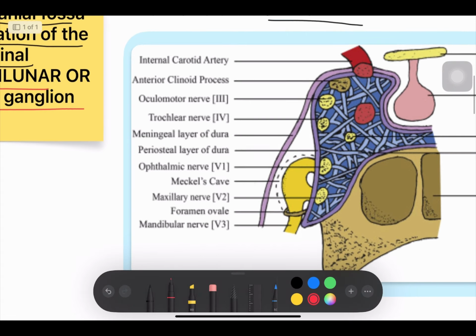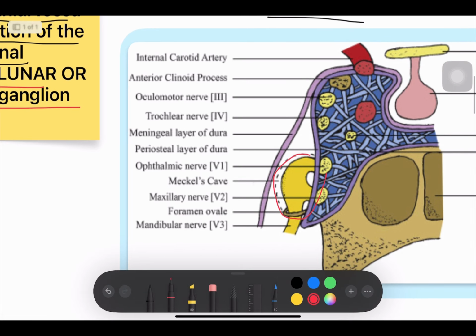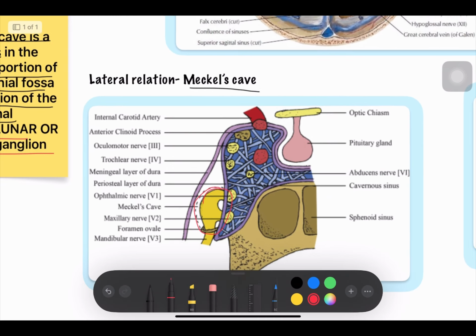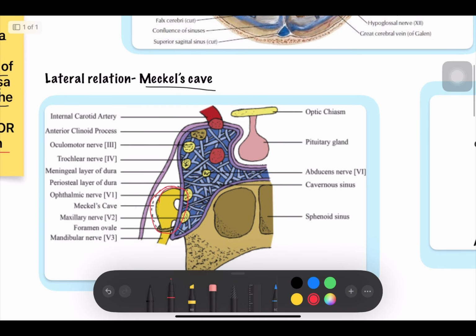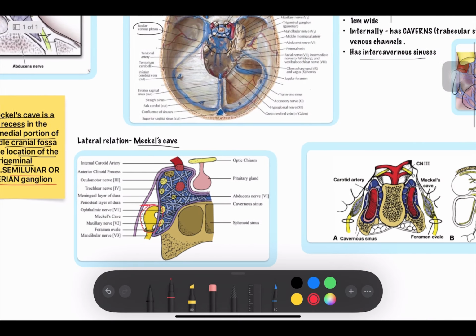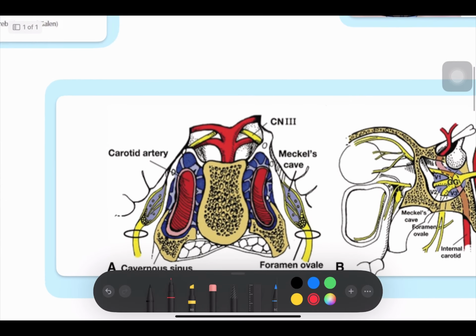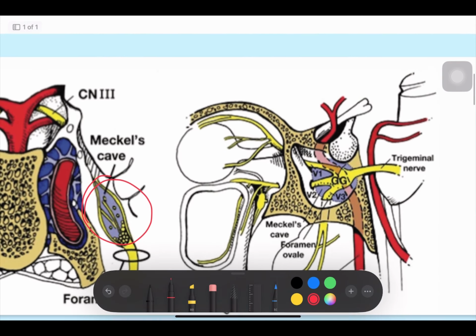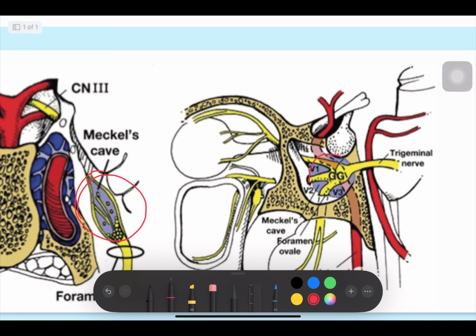In this picture we can identify Meckel's cave, the lateral relation of the cavernous sinus, and even in this picture we can identify the ganglion. This is Meckel's cave, which contains the gasserian ganglion.